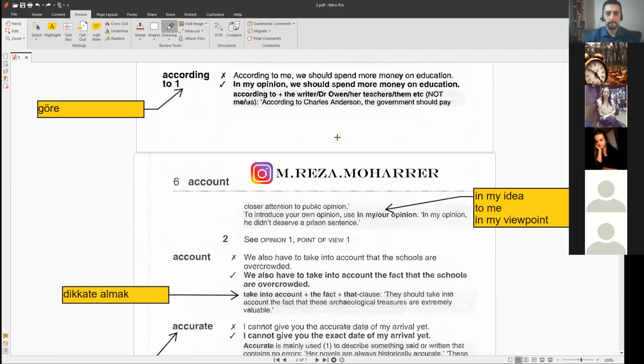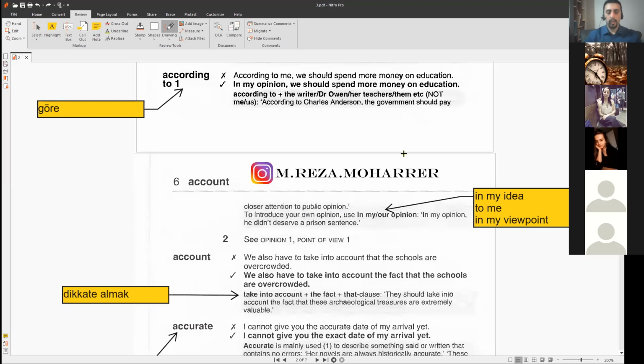According to Charles Anderson, the government should pay closer attention to public opinion. To introduce your own opinion, use in my opinion. In my opinion, he didn't deserve a prison sentence.